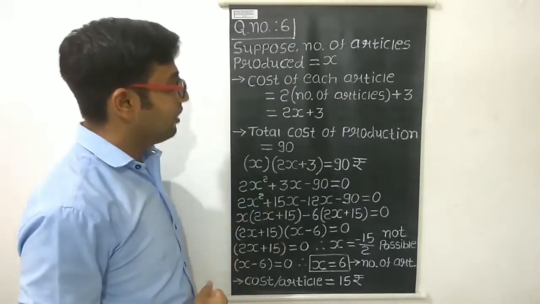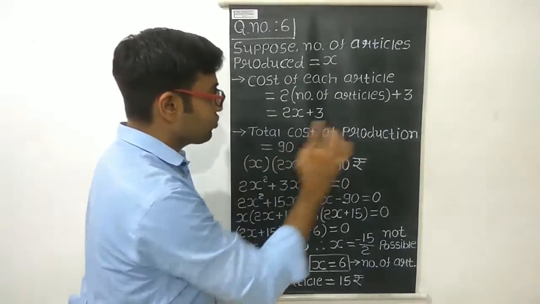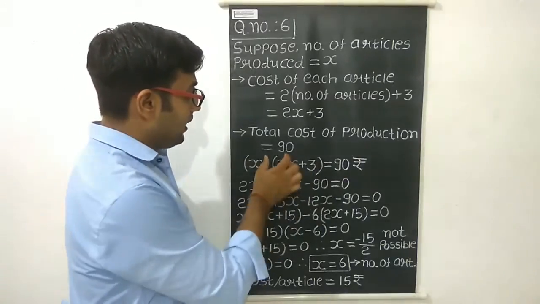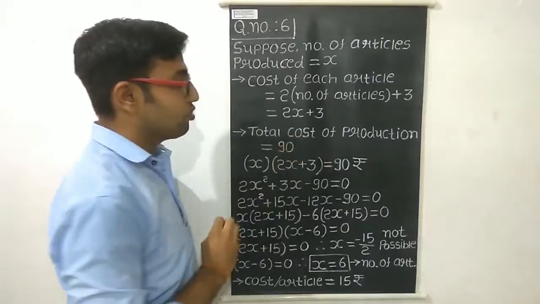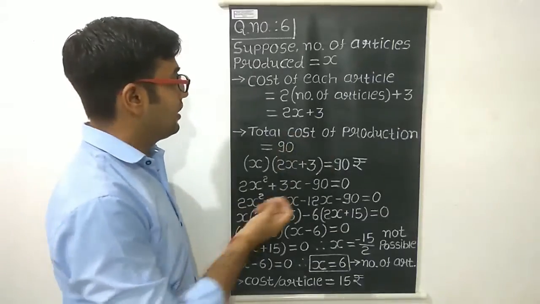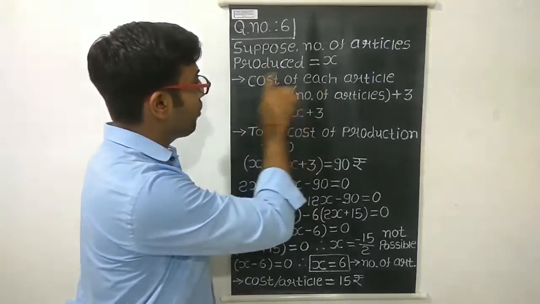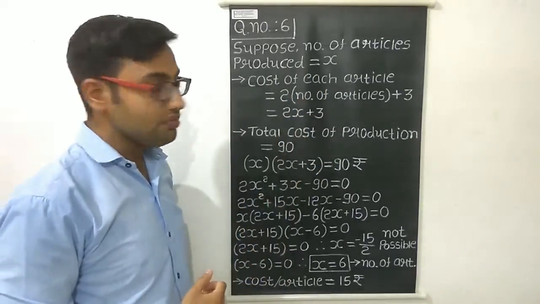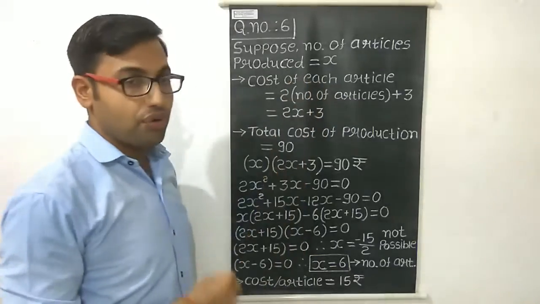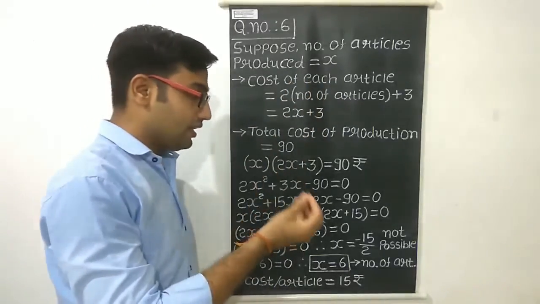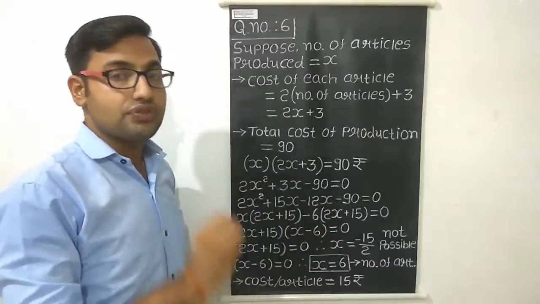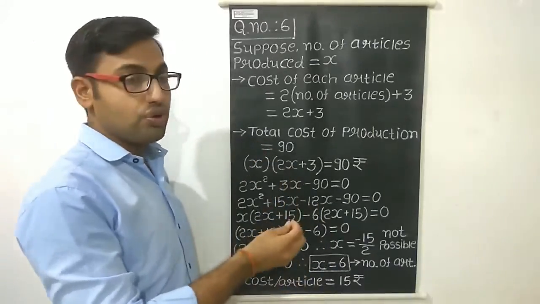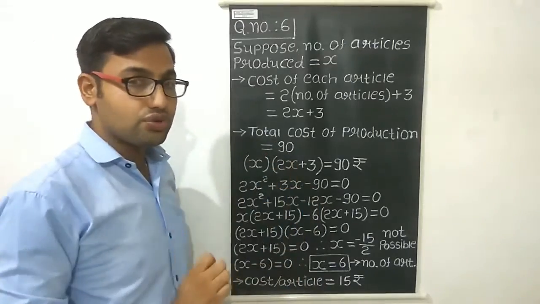One more thing given in the question is that the total cost of production is 90 rupees. We can define the total cost of production as the multiplication of the number of articles and the cost of each article. Suppose the number of articles produced is 10 and the cost of each article is rupees 5, then the total cost is 5 into 10, which equals 50.